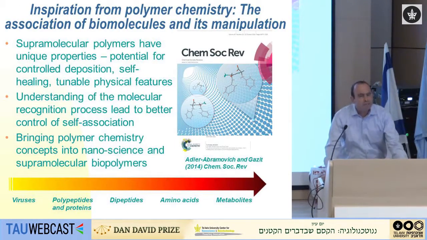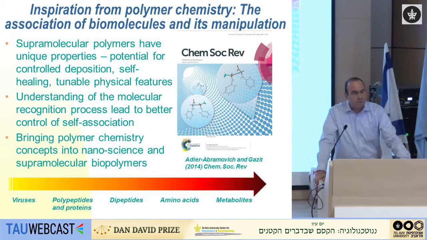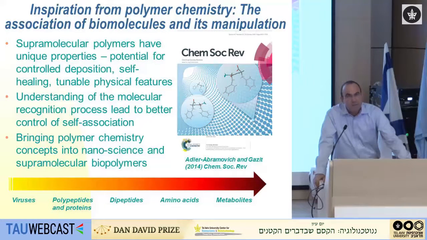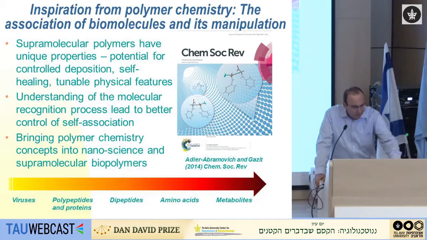We are inspired not only by nature and biological building blocks, but also by polymer chemistry. We are very much into the field of supramolecular polymers. We demonstrate the ability of such simple building blocks to form ordered supramolecular polymers, and we also bring polymer chemistry concepts into nanoscience and nanotechnology.